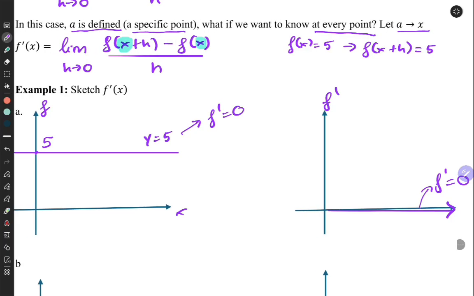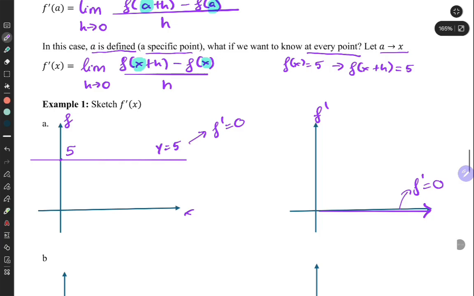Now let's pause a moment and analyze this very basic case. You have a constant function. Pay attention to the word constant. My question is, how fast is a constant function moving?